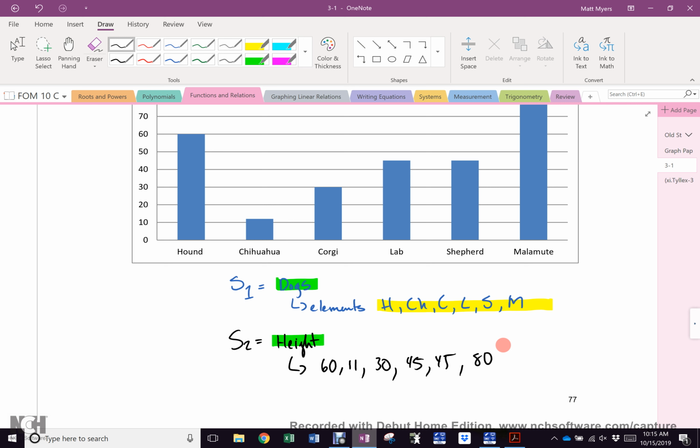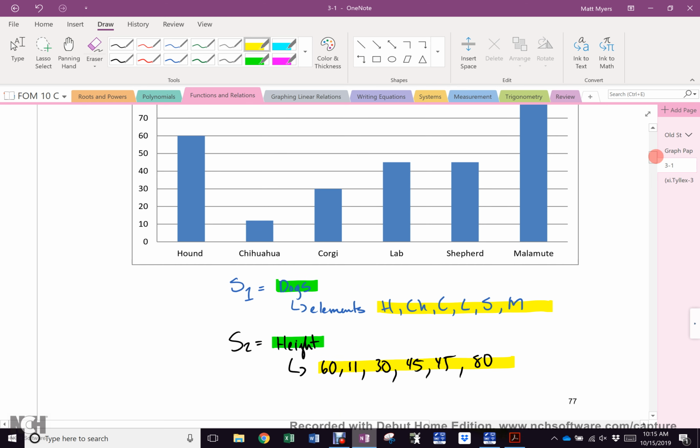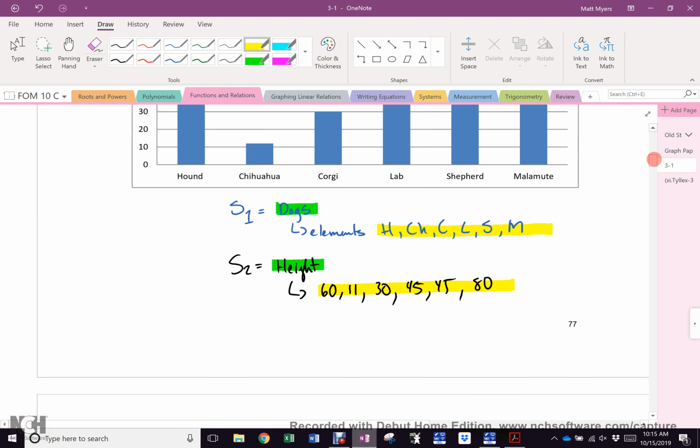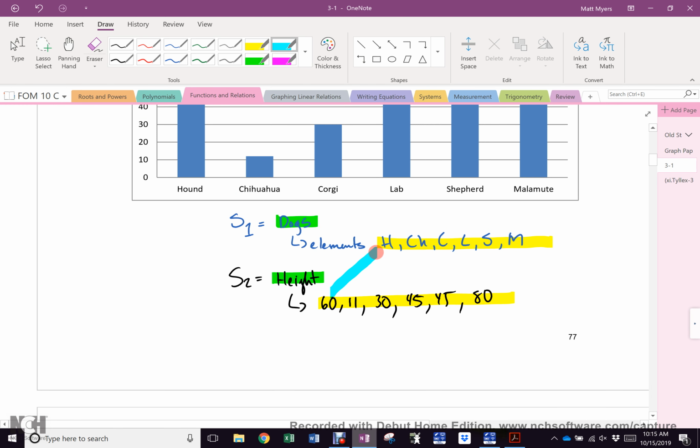You've got the definition of a relation there. Yes, I am taking an element from set 1, which were hounds, and I am comparing it to set 2, which is a height. Is everybody good? Pretty much. Okay, so it becomes a relation, which I believe I used blue for. It becomes a relation when I compare the two.